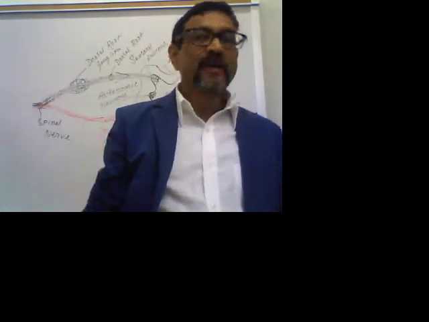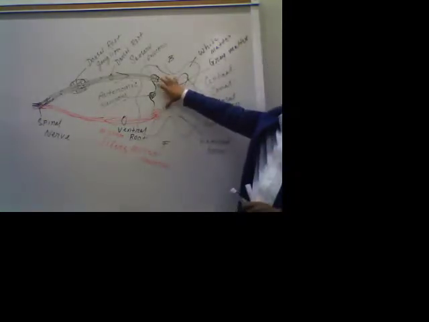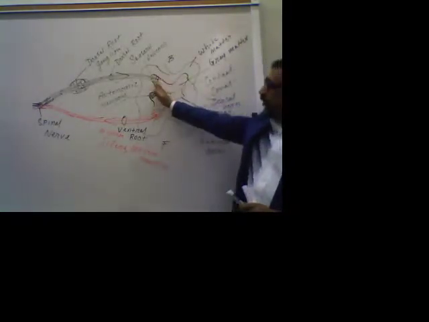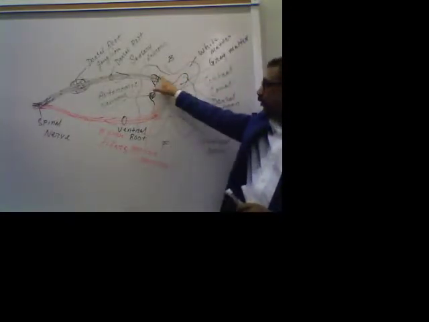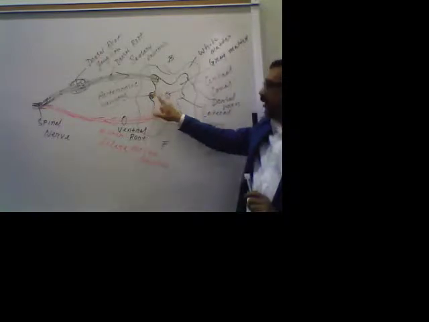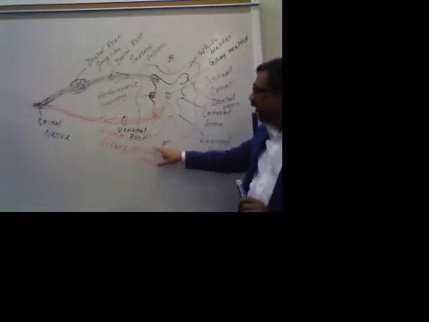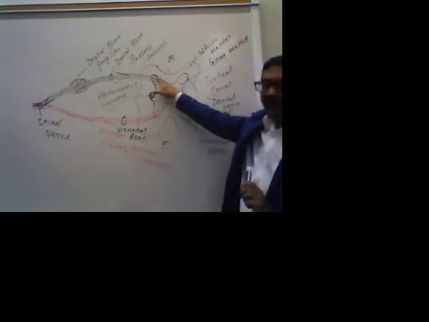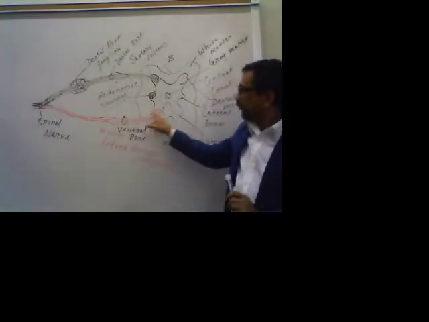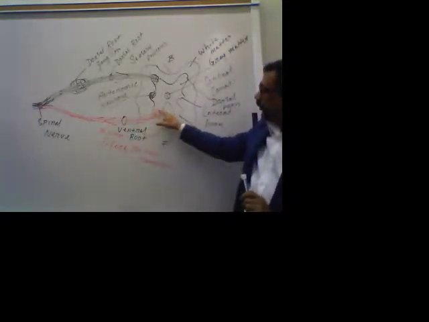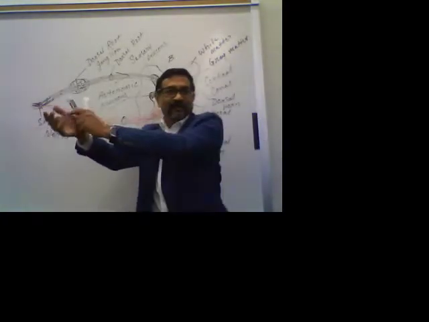Is it clear? So if I ask you, in the gray matter of the spinal cord, on each side, how many horns do you have? Three. Ventral, dorsal and lateral. In the ventral horn, you have what kind of neurons? Motor. Dorsal, sensory, right? And lateral, autonomic. And ventral horn motor neurons send signals outwards, because they are motor.